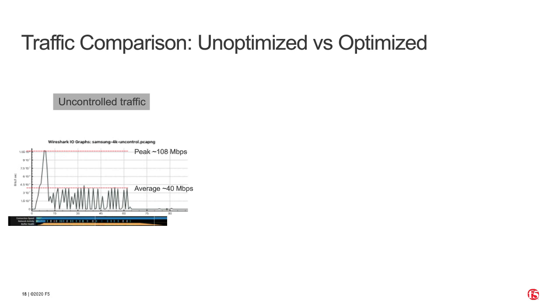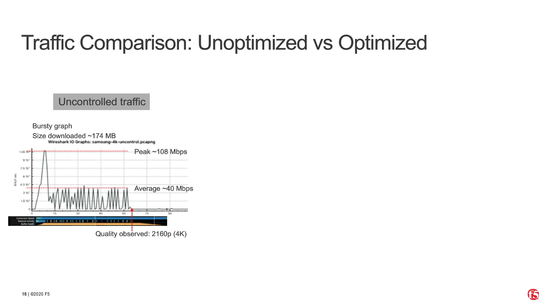The average bandwidth was 40 megabit per second, and the video was delivered obviously at the maximum resolution, so 4K delivery. The point is that the graph, as you see, is bursty. The video in this specific case was sent in a burst of traffic, and the size of the downloaded file was around 174 megabyte.